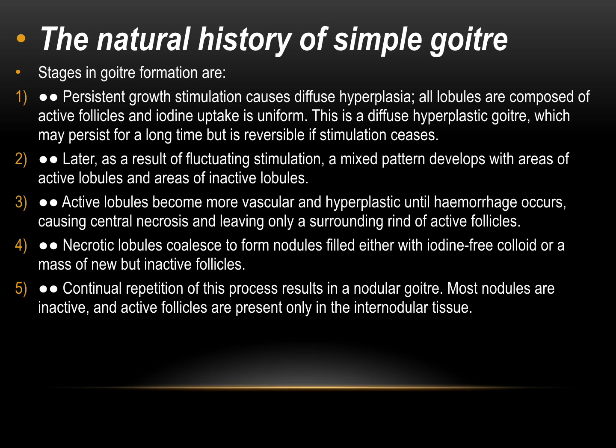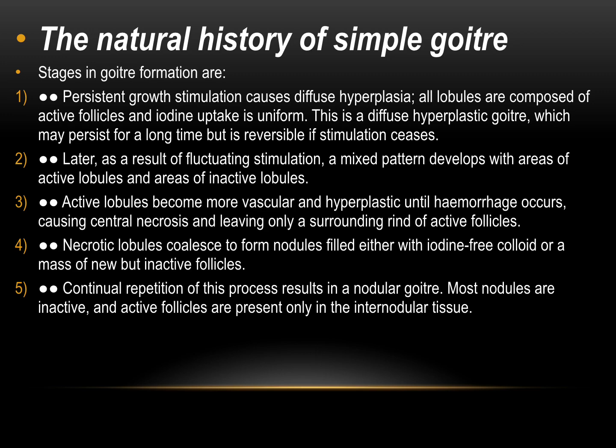The natural history of simple goiter. Stages in goiter formation: first, persistent growth stimulation causes diffuse hyperplasia. All lobules are composed of active follicles and iodine uptake is uniform. This is diffuse hyperplastic goiter, which may persist for a long time but is reversible if stimulation stops. Later, as a result of fluctuating stimulation, mixed patterns develop, with areas of active lobules and areas of inactive lobules.